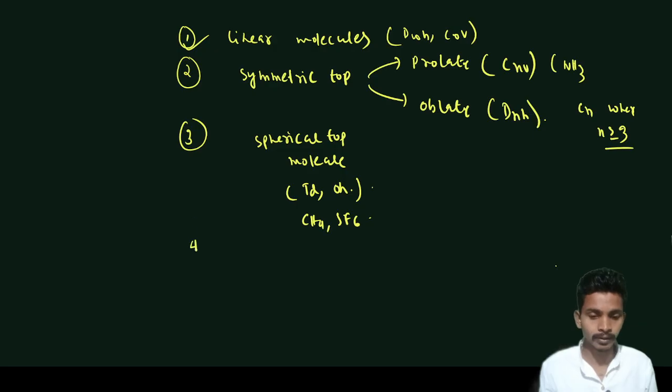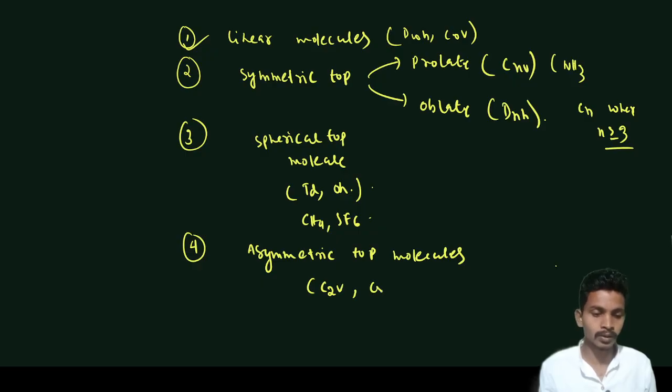And the fourth is asymmetric top molecules. These are all the C2B point groups or CS type point groups like water, and all CS point groups where only the element E is present.